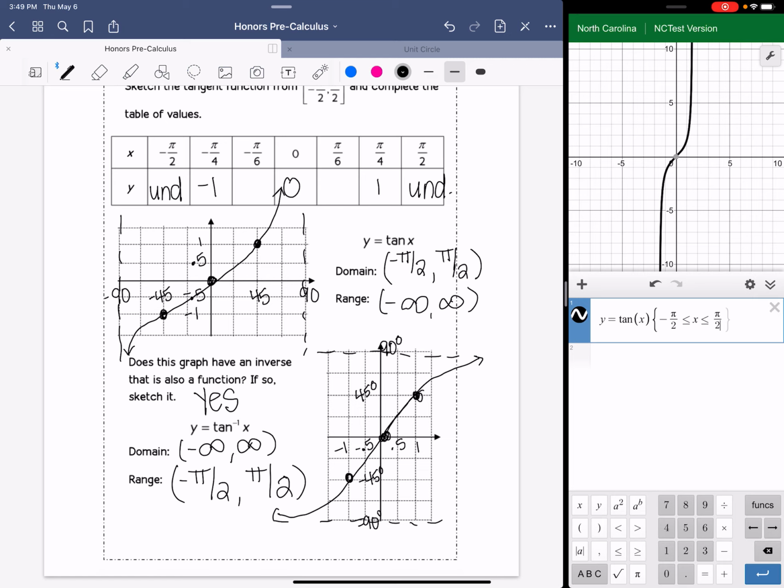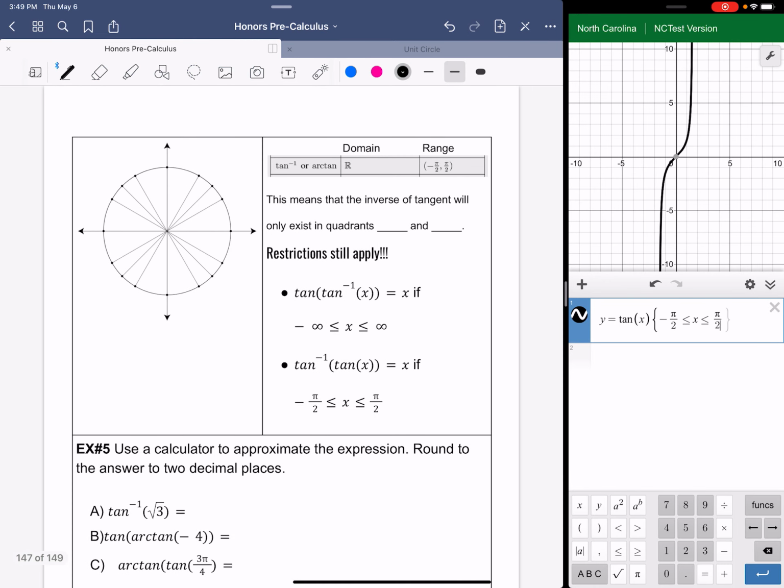Now, based off of that, my properties for tangent, again, we're only going to focus on quadrants 1 and 4. So we have Q1 and Q4. And we do have to make sure we go between 90 and negative 90. So we're going to focus that these are negative 30, negative 45, and negative 60 instead of 315, 330, and so on.